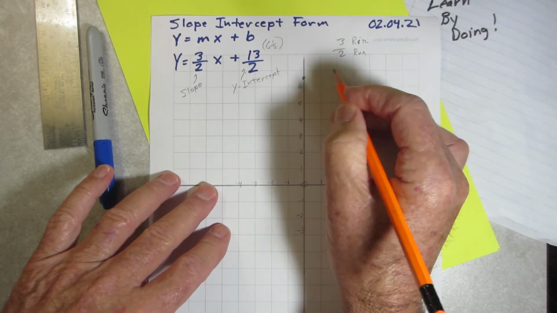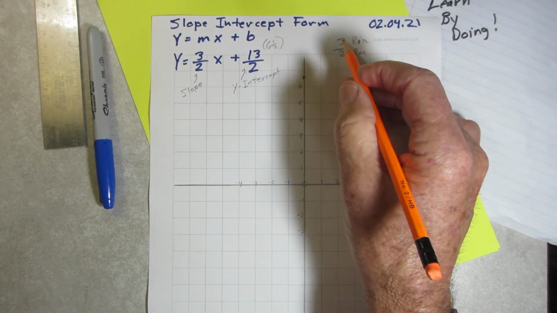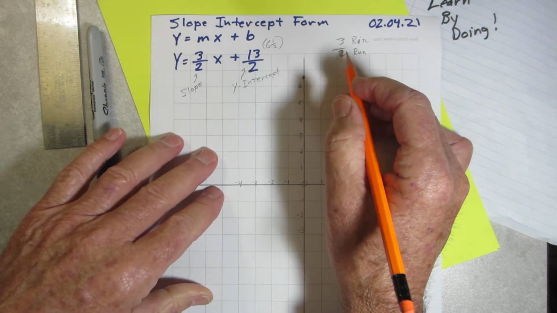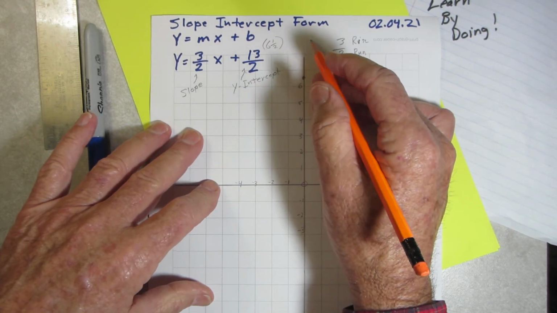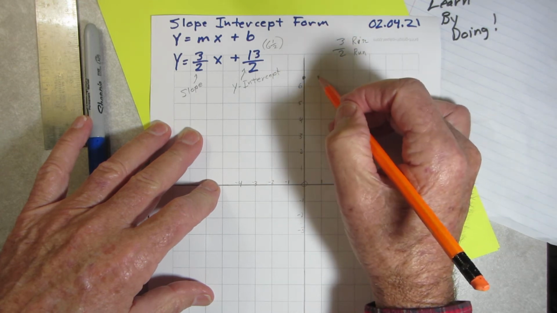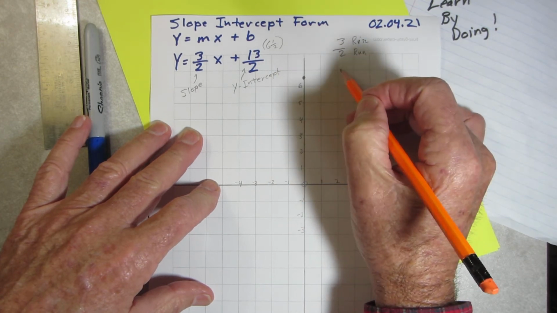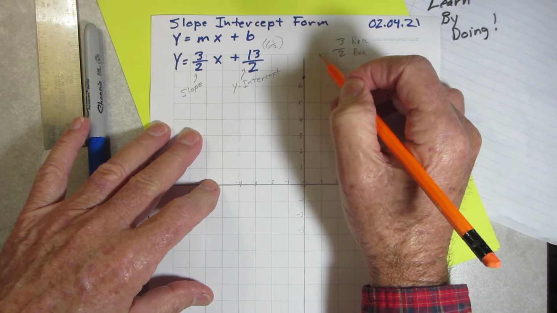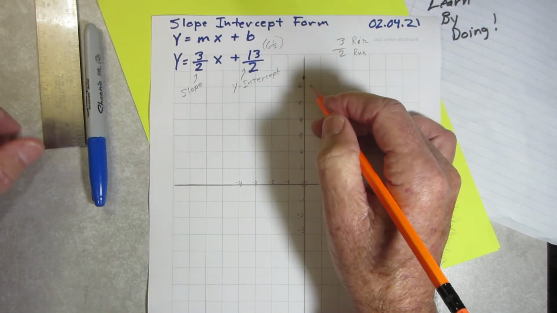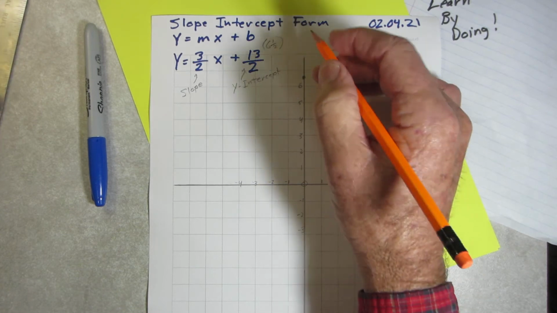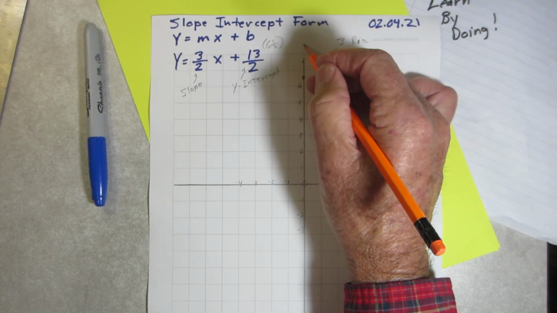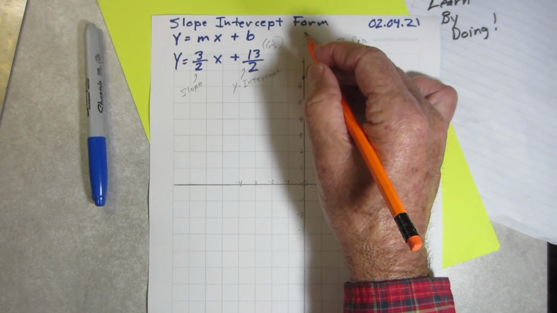So for every 3 in rise, it's going to be a 2 in the run this way. 3 is rise. All right, so let's see if we can figure this out. So we go 1, 2, 3.